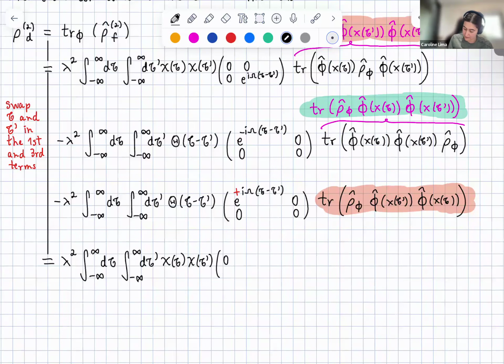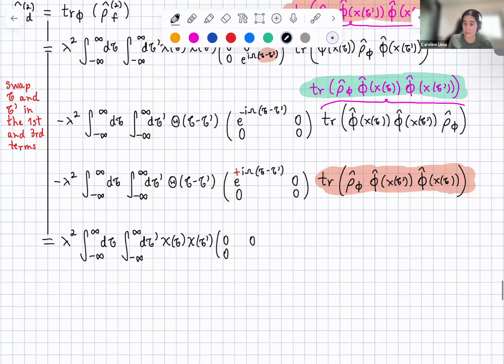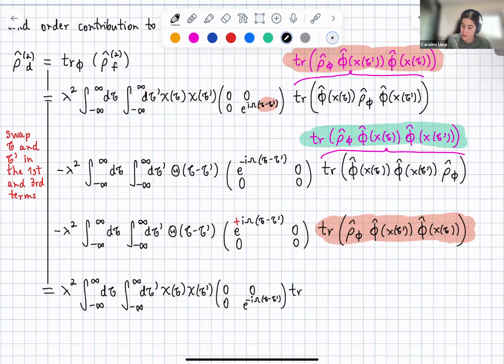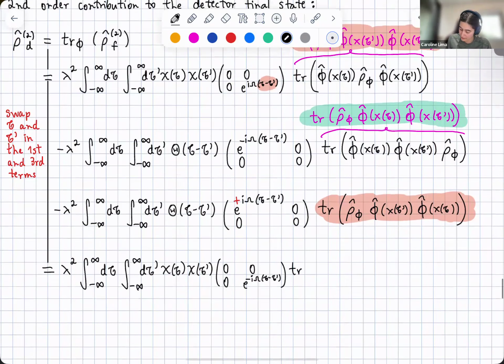Now, here inside the integral, if I swap tau and tau prime, I'm going to get a minus sign outside, right? So I get a minus i omega tau minus tau prime here, okay? Times the trace, and now inside the trace I also swap, right? So I will get exactly the order that I wanted. So phi of x of tau times phi of x of tau prime.